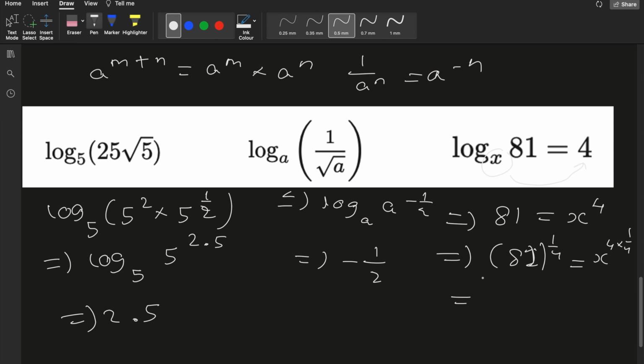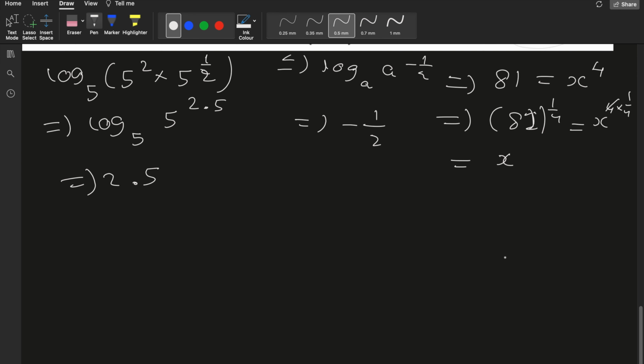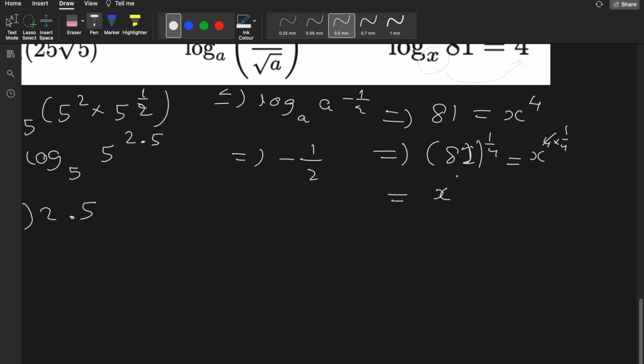So we'll have to find the value of this. These two will cancel out, meaning that x to the power of 1 equals 3, because 81 to the power of 1 by 4 is 3. So therefore we got our answer.